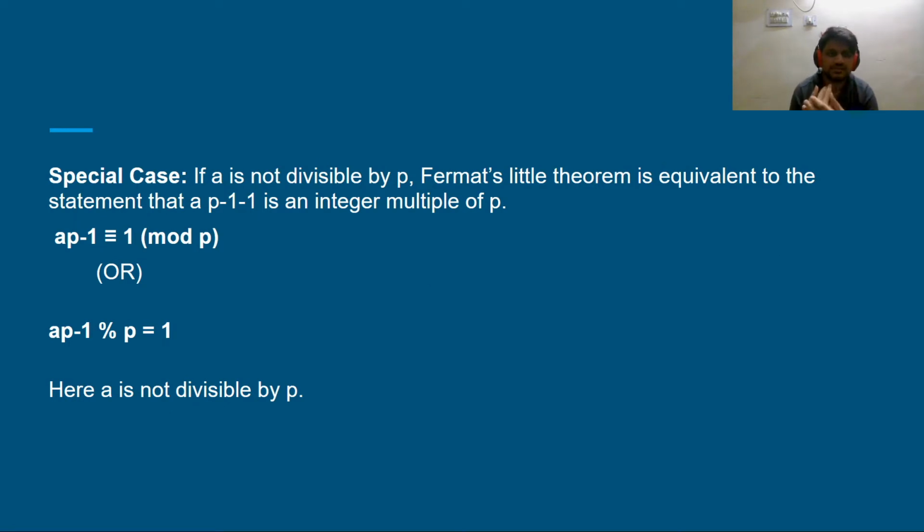In some special cases, if a is not divisible by p, Fermat's little theorem is equivalent to the statement that a^(p minus 1) minus 1 is an integer multiple of p. a^(p minus 1) is equivalent to 1 mod p, or a^(p minus 1) % p equals 1. Here a is not divisible by p.